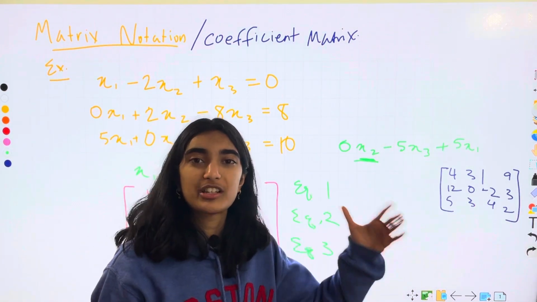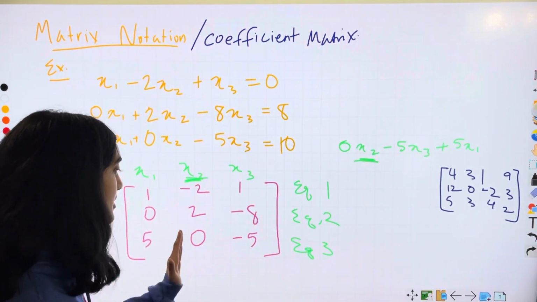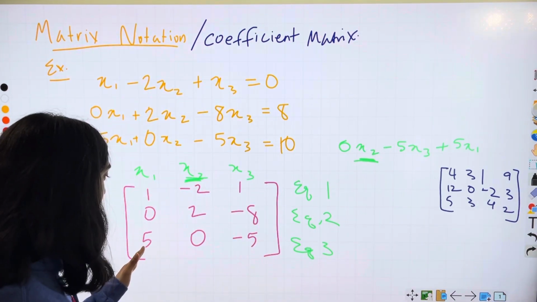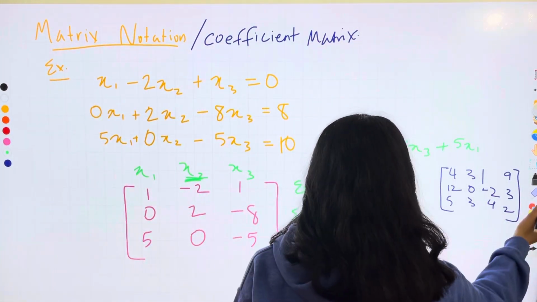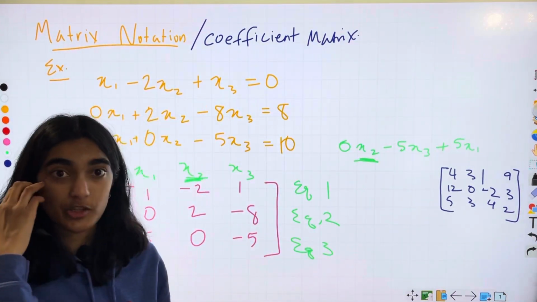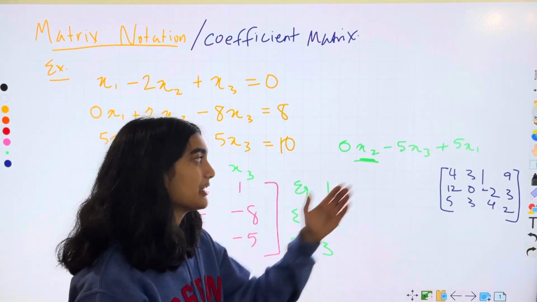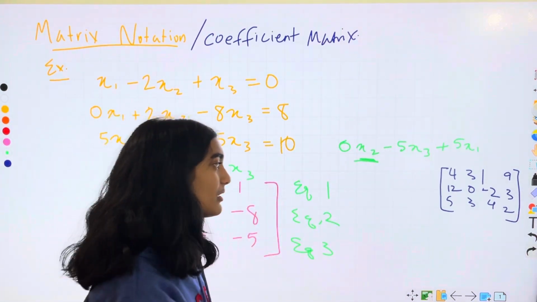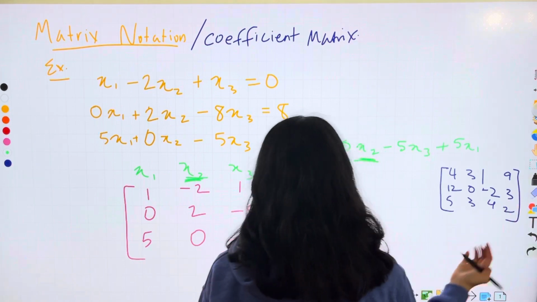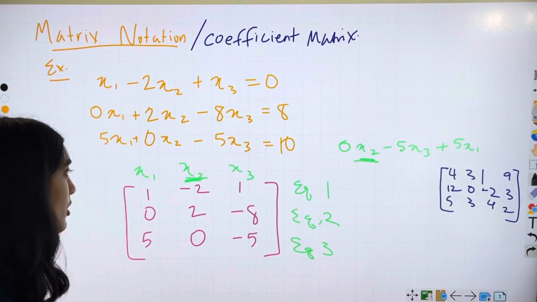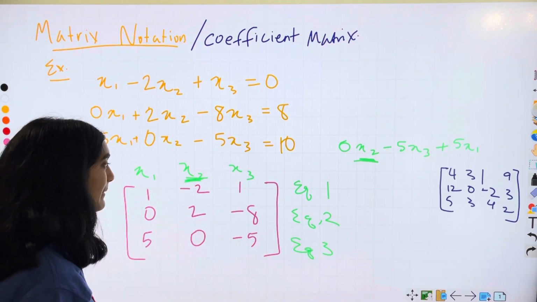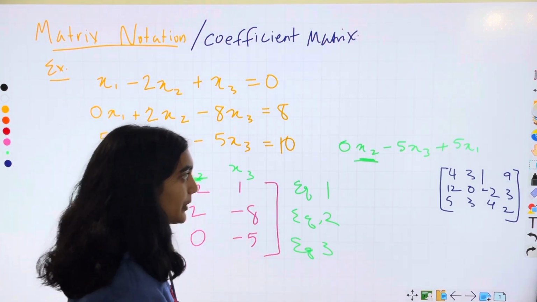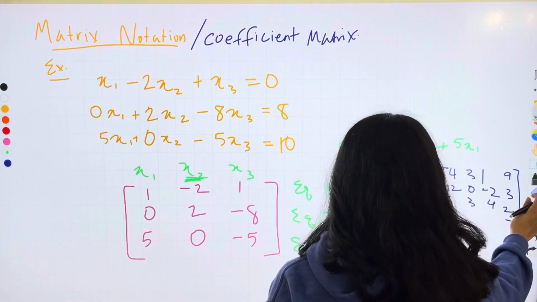Okay, this 0 needs to go in the x2 spot. It's not like you can choose the order. The variables determine where you put these numbers in your matrix. So pay attention to the order. It does not change just because you put the x2 first and the x1 last and the x3 in the middle. Okay, it doesn't depend on where you put it. It depends on which column you're making represent which variable, right? Okay, cool.